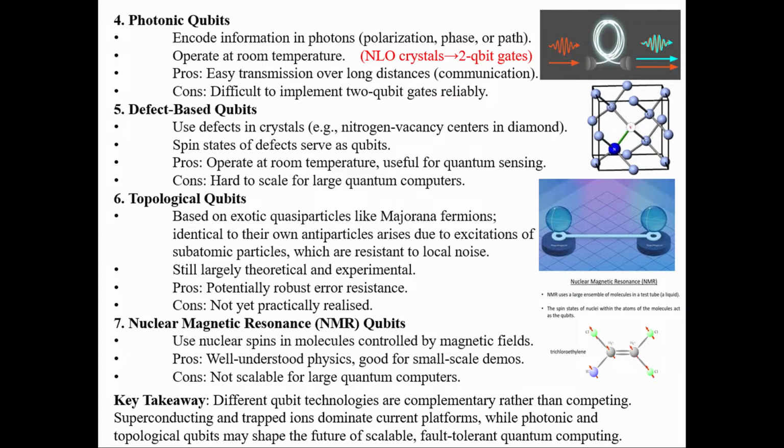Okay. So nowadays these technologies are complementary to each other, not competitive. Every technology has its pros and cons. But at present, superconducting and trapped ions dominate the current platforms, while photonic and topological qubits may shape the future of scalable, fault-tolerant quantum computing.